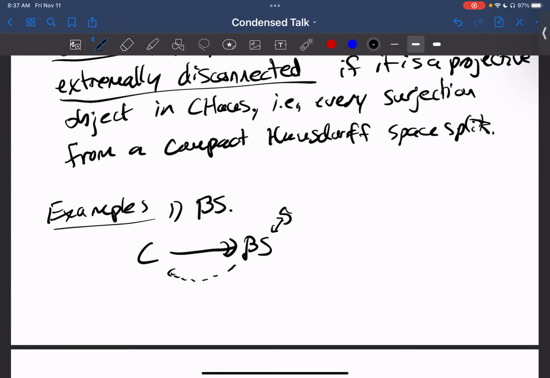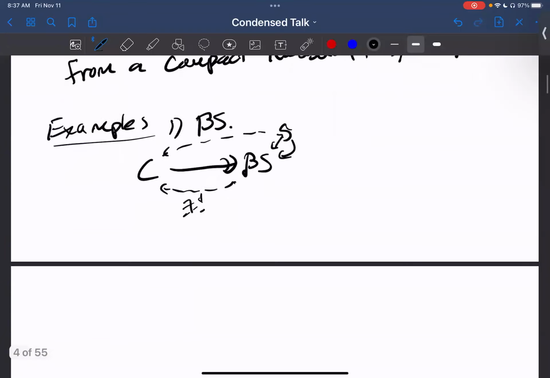This is going to induce a map from beta S to C. And since this is a set theoretic section, both ways are the identity on S. So this is going to be the identity on beta S by the universal property.